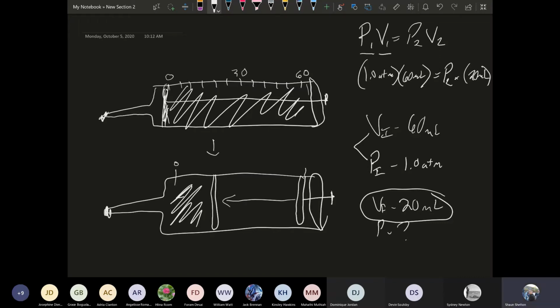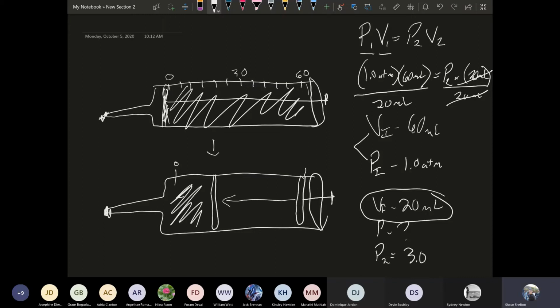In order for us to solve for P2, we have to divide out the 20 milliliters from the other side, and that cancels out. So P2 is equal to 60 divided by 20, which gives me 3 atmospheres.